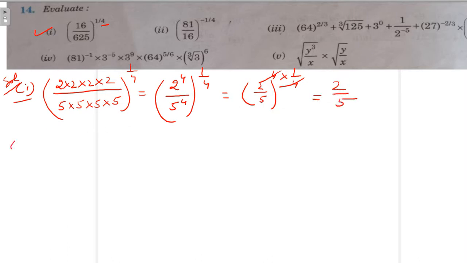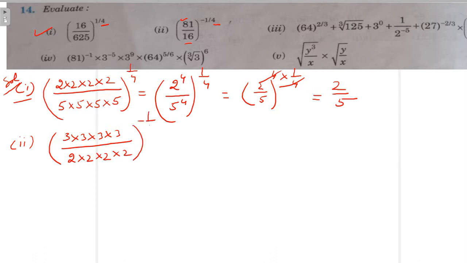Now we will move on to the second part of question 14. So here again 4 is the denominator of the power. We will change these into powers. So we can write 81 as 3 to the 4, 3 times 3 is 9, 3 times 9 is 27, 3 times 27 is 81, and 16 as 2 to the 4, 2 times 2 is 4, 2 times 4 is 8, 2 times 8 is 16.